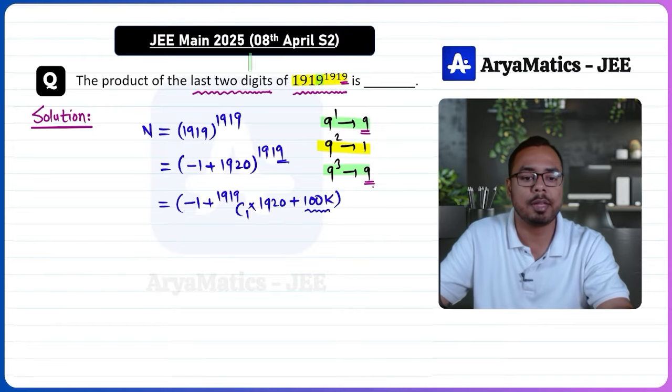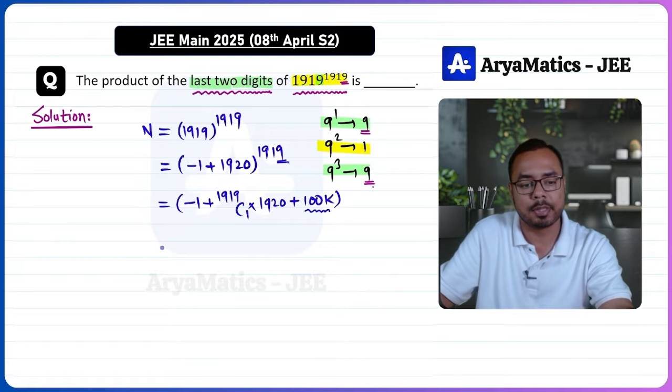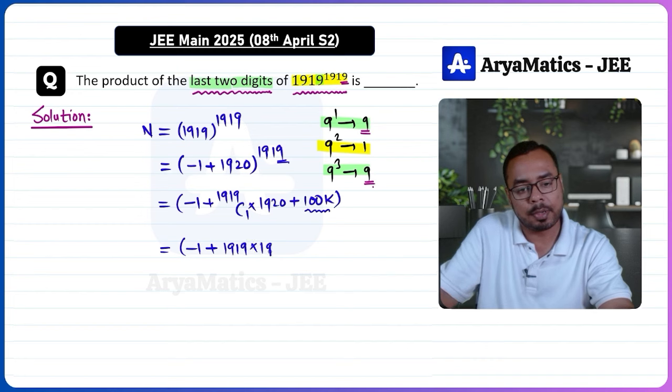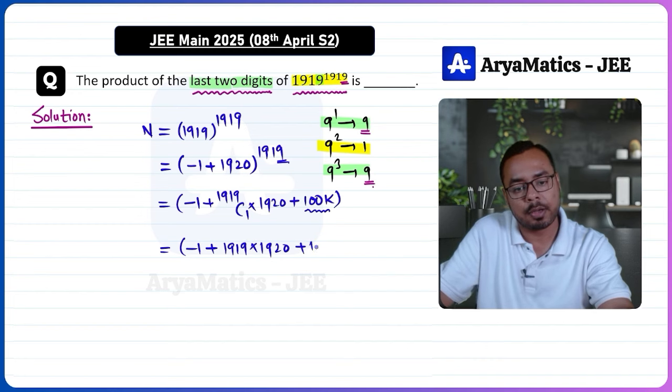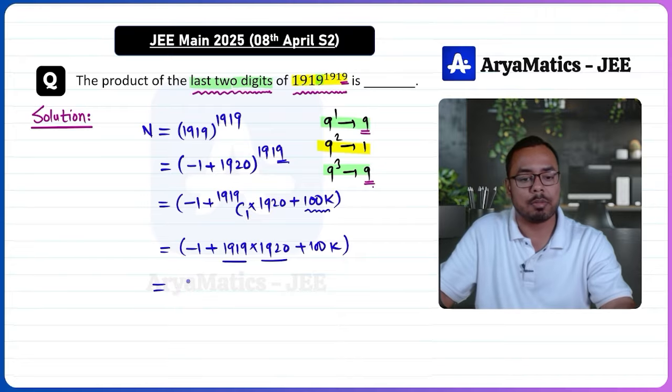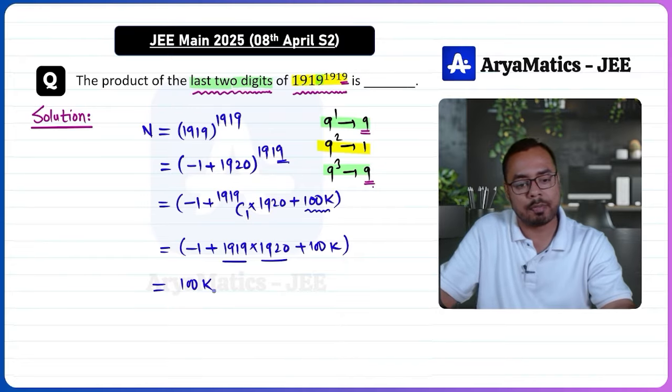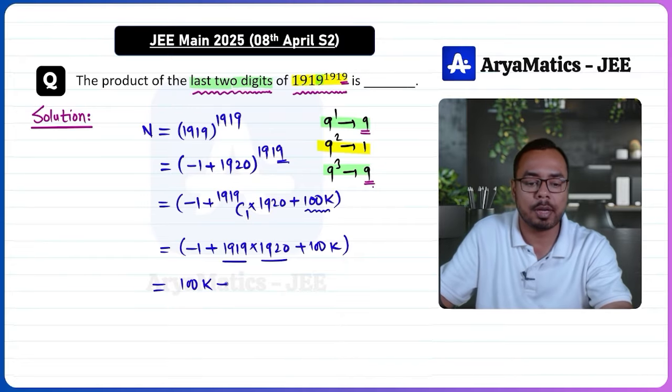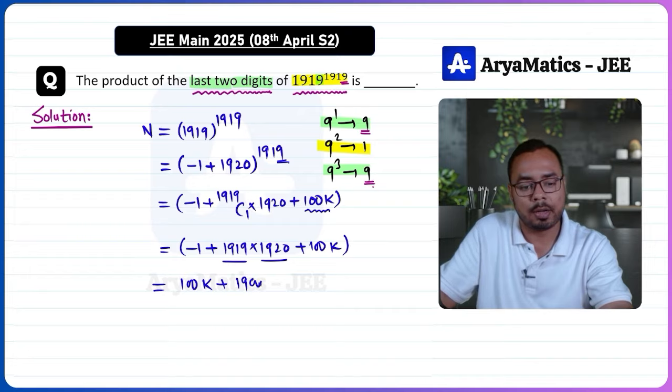So therefore, we can combine all of those numbers and say that it is some multiple of 100, because we are interested in only the last two digits. So we can write the rest of the numbers in this form. And now we have minus 1 plus 1919, and this multiplied by 1920, plus 100k. Now here also, if you want, you can save some time. You can write 100k first, and then this number as 1900 plus 19, right?